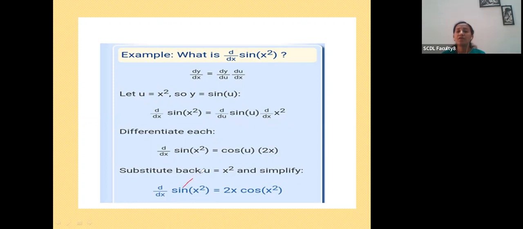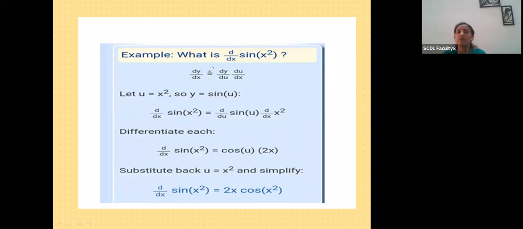So instead of sine, you have to write here cos, and instead of x square, you have to write here 2x. Okay, so 2x we have to write here, and again this cos is present, so we write here x square. Okay, instead of u we mention here our x square. Understood? So 2x cos x square.